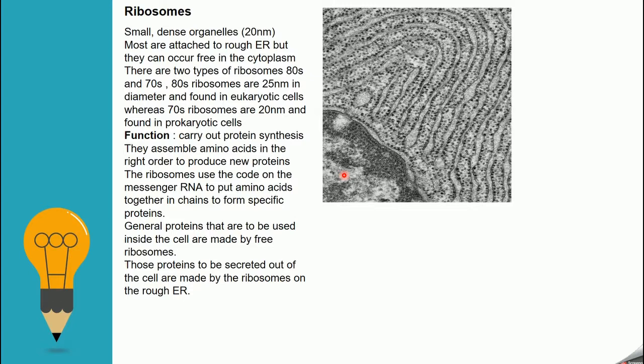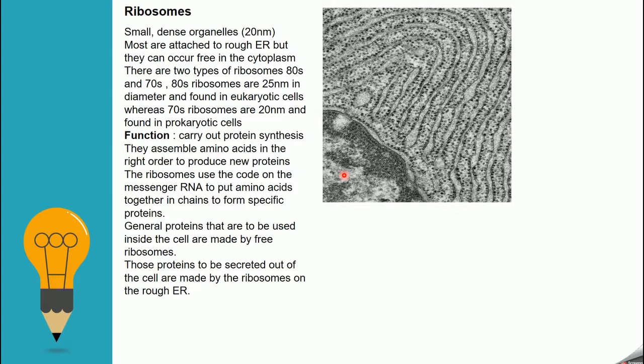And there are two types of ribosomes, 80S and 70S. 80S ribosomes are 25 nanometers in diameter and found in eukaryotic cells, whereas 70S ribosomes are 20 nanometers and found in prokaryotic cells. So if you're asked in the exam to tell them the difference between eukaryotic and prokaryotic cells, you can say that both of these have different sized or different types of ribosomes.